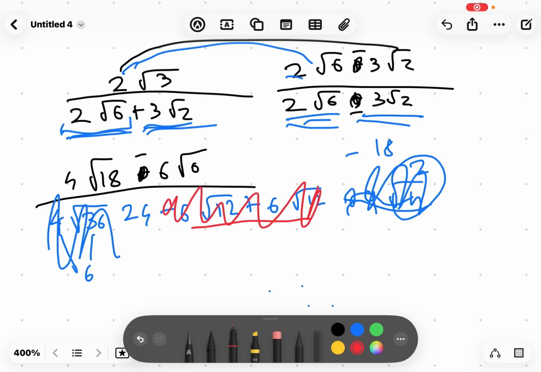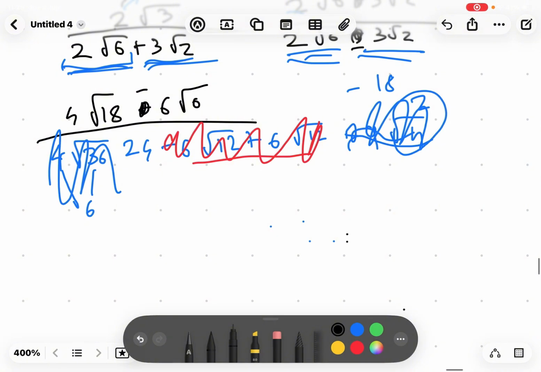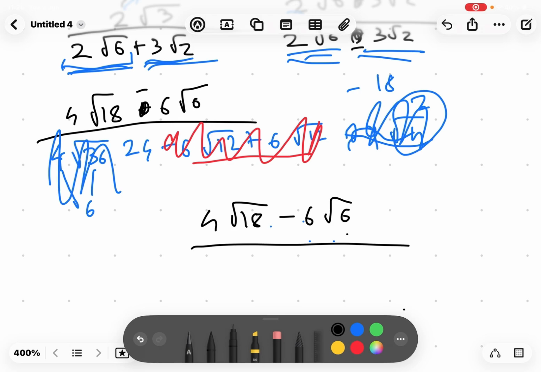So what we have left, to make it cleaner, and then these two minus each other is going to be 6. And with that 18, we are able to simplify it even more.